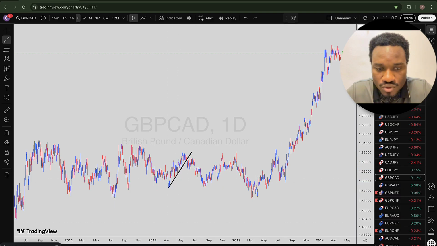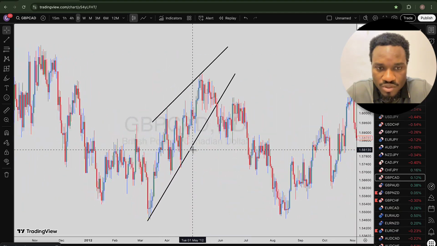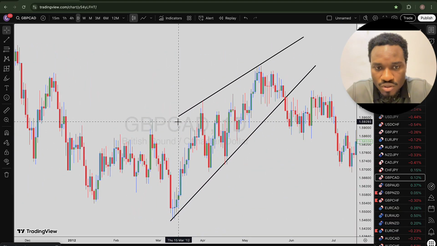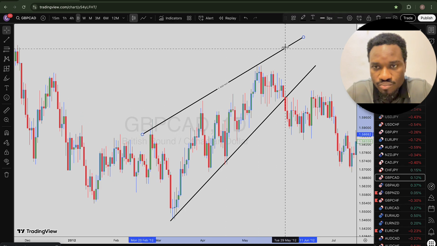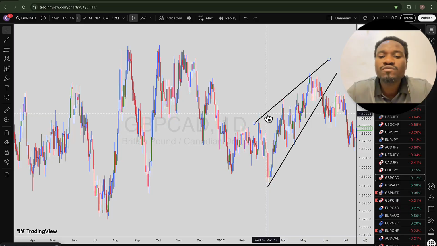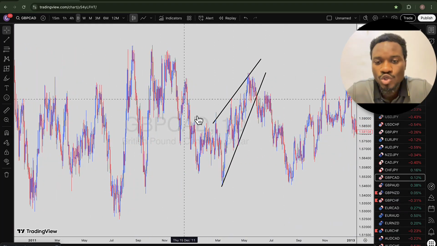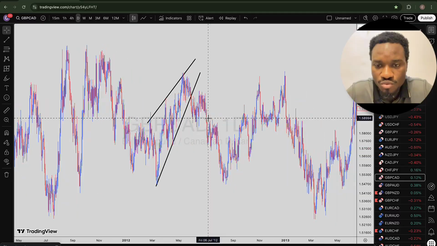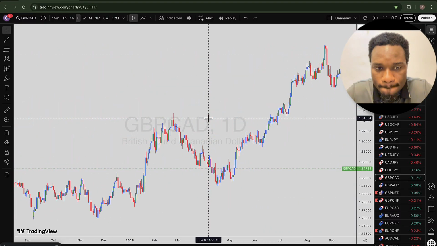Let's examine this. Yeah, this looks like a great example. I have to zoom out to be able to find it, but this happens in the middle of the trend in a choppy market, so it's not very reliable. So we look out for another example.